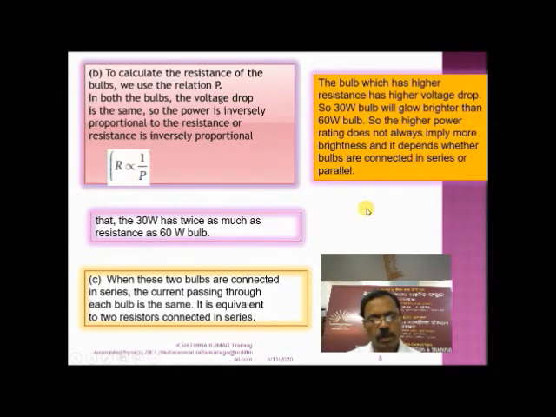So resistance is inversely proportional to power, and to calculate the resistance of the bulb we use this relation.